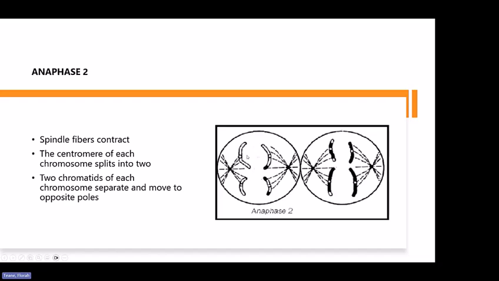When these chromatids are being separated and pulled towards opposite poles, this happens because the centromere has divided. It is the one that breaks up and makes the process of separation possible. I'm repeating, what is happening in this cell is also happening in this other cell.